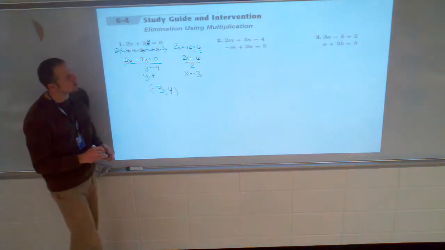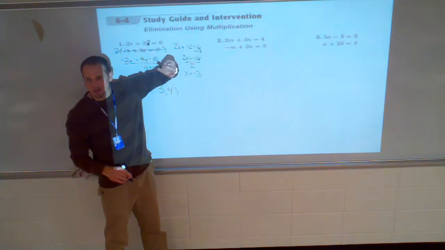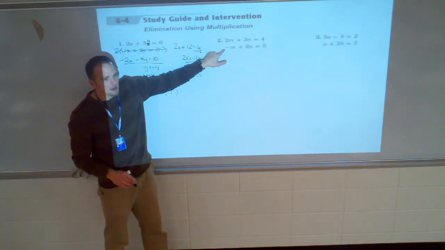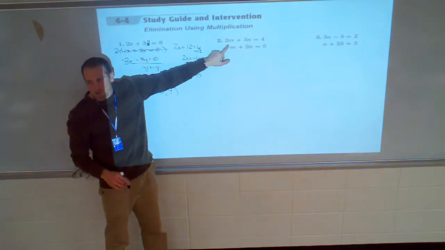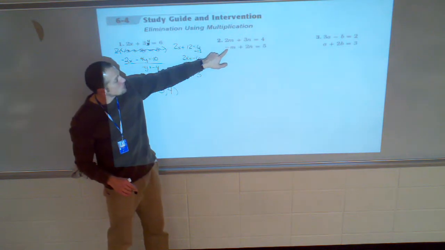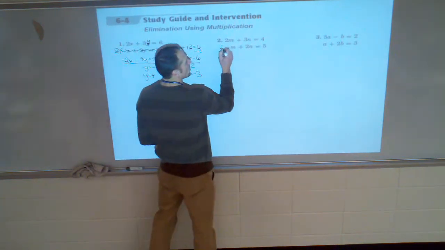Over here, number 2. Once again, I'm going to look to eliminate it, but I've got a problem because none of these numbers are the same. So, down here, this is a negative 1. This is going to be easy. Once again, if I multiply this 1 by 2, I'll get the same number there. So I'm going to multiply this whole thing by 2.